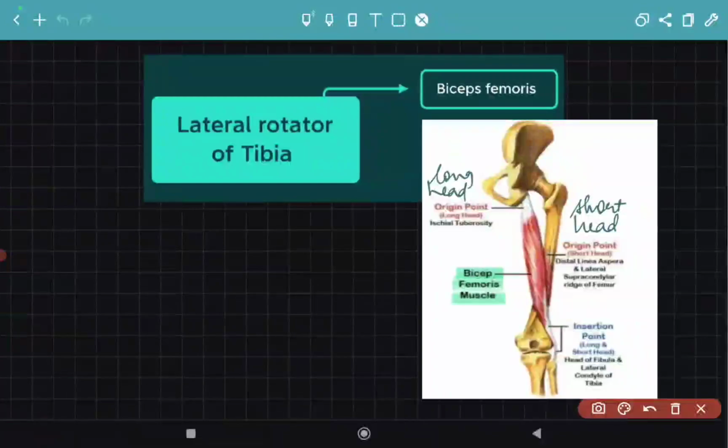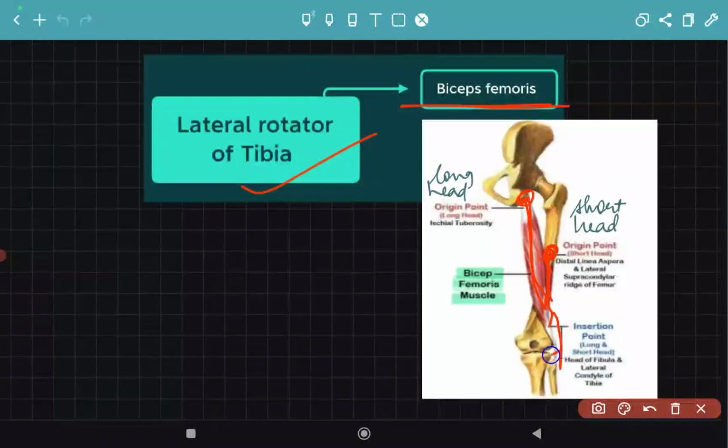Lateral rotator, the remaining one, is biceps femoris. Both the long as well as the short head of biceps femoris are lateral rotators of tibia. We know that the long head comes from the inferomedial impression of ischial tuberosity, and the short head originates from the distal linea aspera and lateral supracondylar ridge of femur.